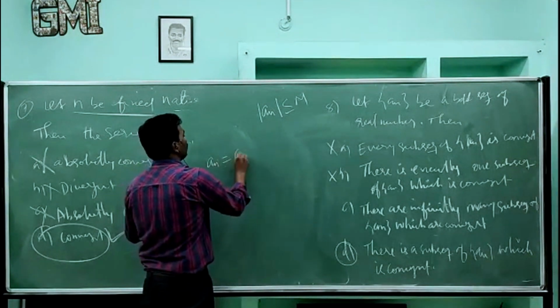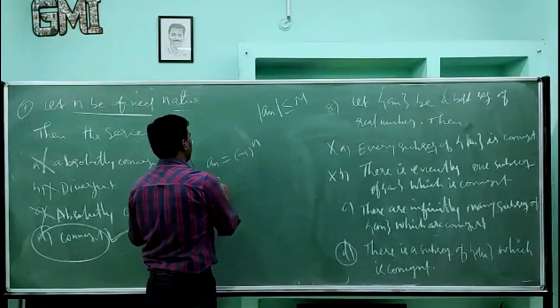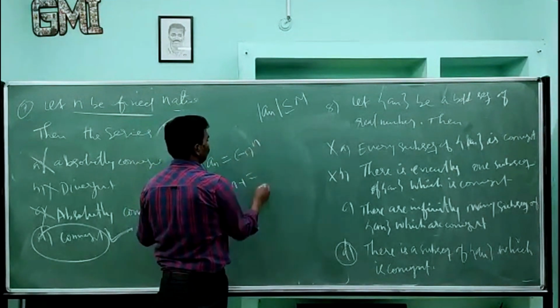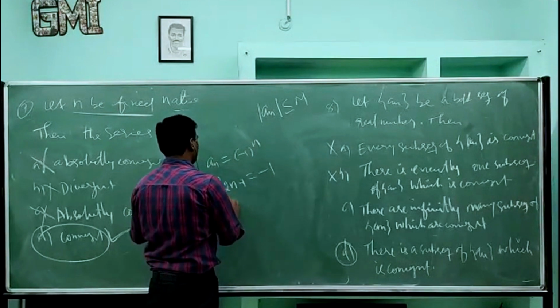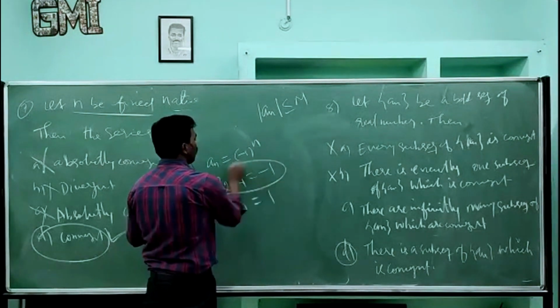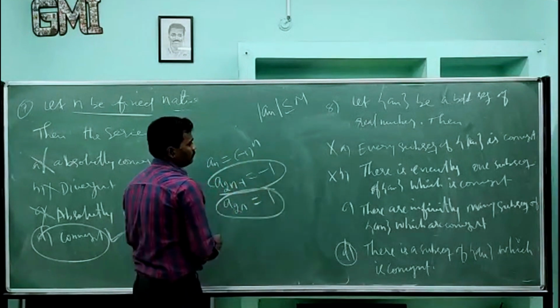Take a_n equal to (-1)^n. So a_(2n-1) is always -1, the odd subsequence, and a_(2n) is always +1, the even subsequence.